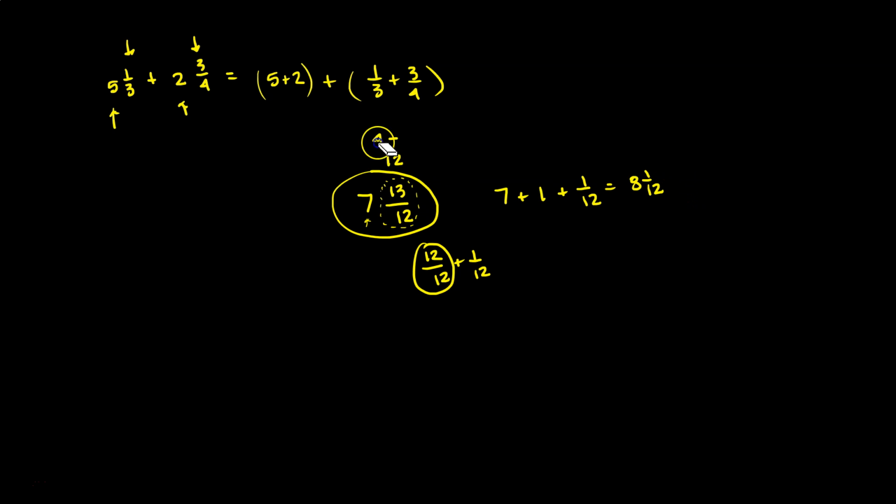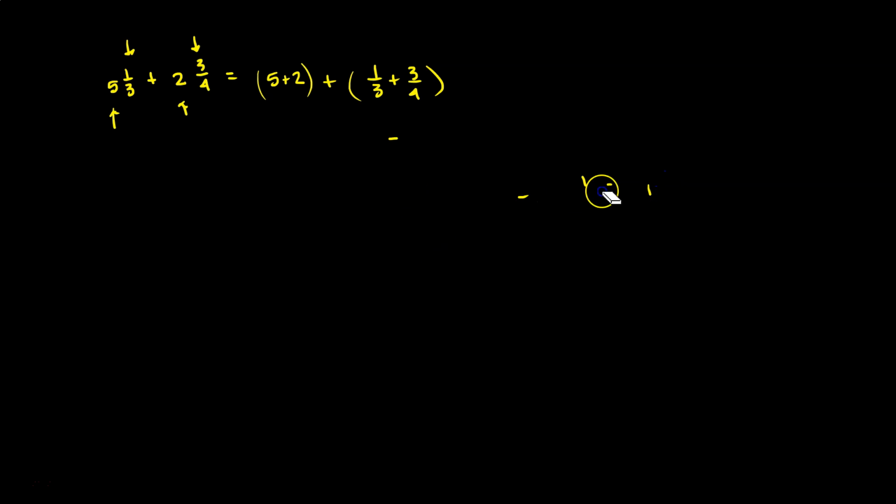Now what if we were to subtract these two numbers? This can actually pose a bit of a challenge. When it comes to subtracting mixed numbers, we're often tempted to compute it the same way that we did the addition, where we group the whole number and then we group the fraction part.